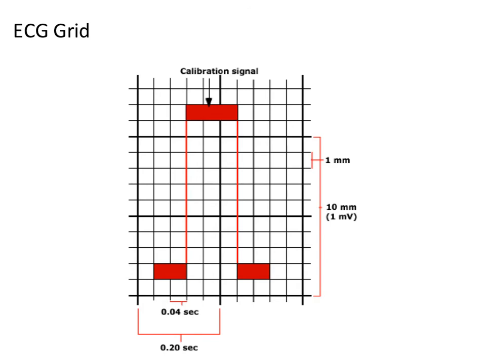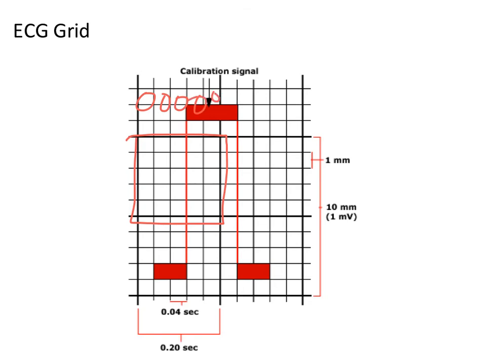This is a magnification of what the ECG paper looks like. You can see it has large boxes, and in each large box you have 5 small boxes.